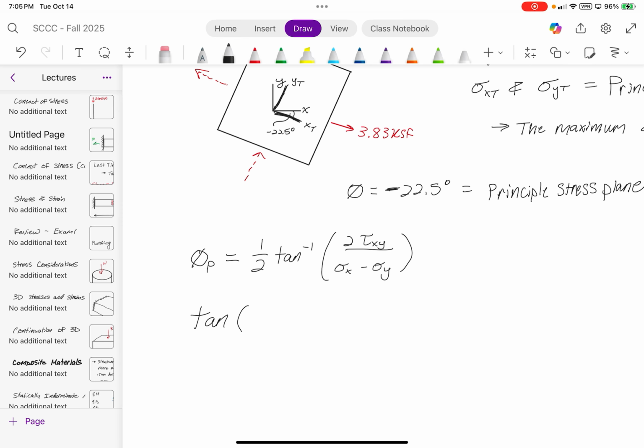Similarly, you can just rewrite it as such. Tangent of 2 theta p is equal to 2 tau xy over sigma x minus sigma y.